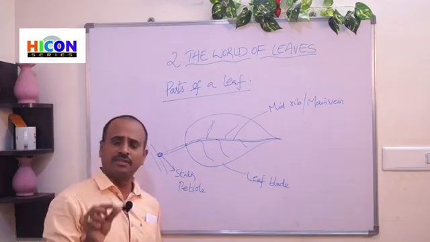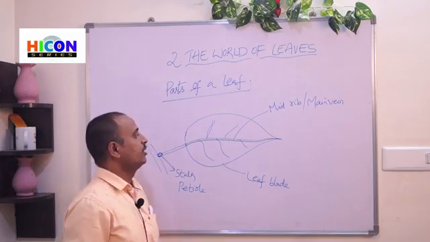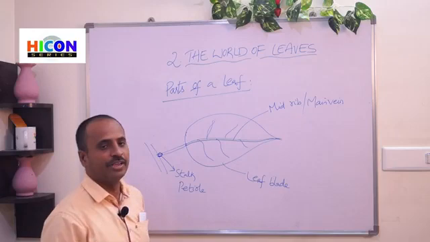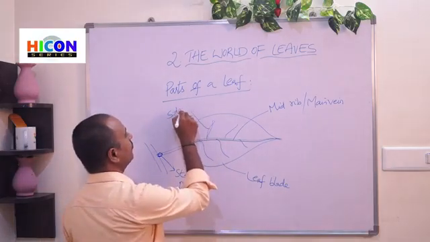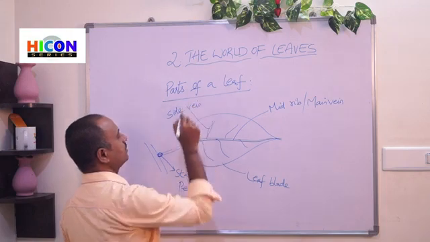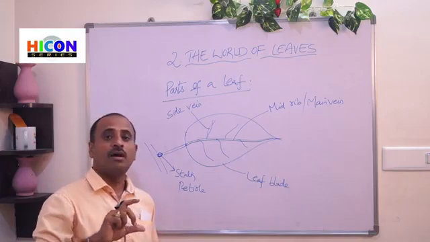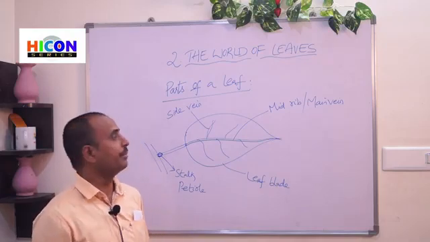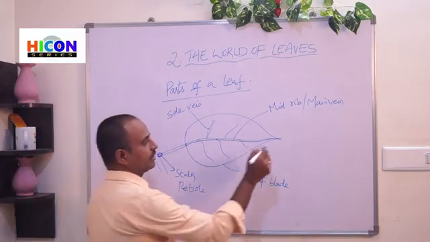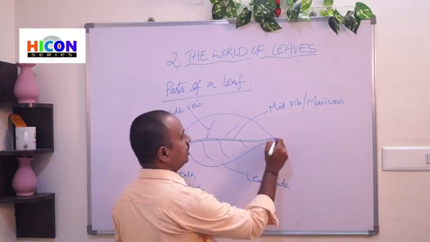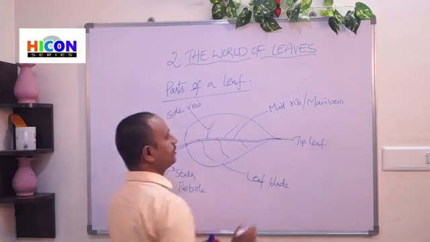And there are some thin tubes which grow on both sides of the main vein, called side veins or veins. And the top part is called the tip of the leaf.